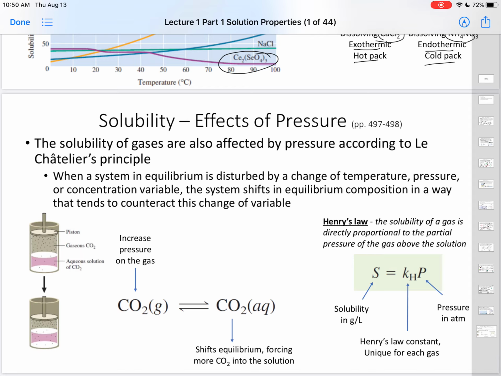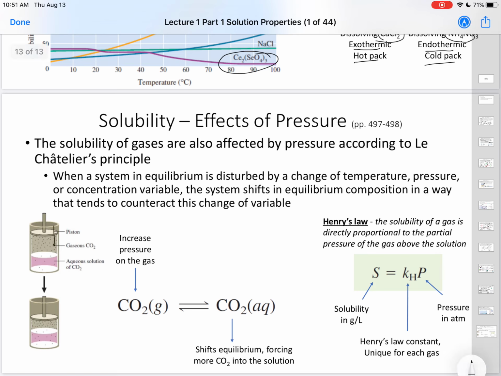Last but not least, you have solubility in terms of pressure. The solubility of gases is also affected by pressure according to Le Chatelier's principle. We'll talk more about this in a later chapter, but for now, all you need to know is that when you increase the pressure, you increase the solubility.